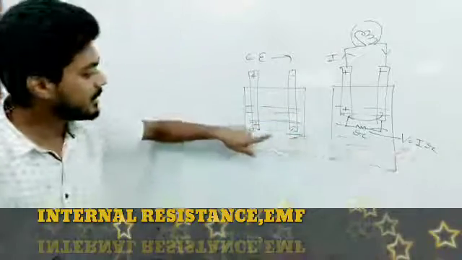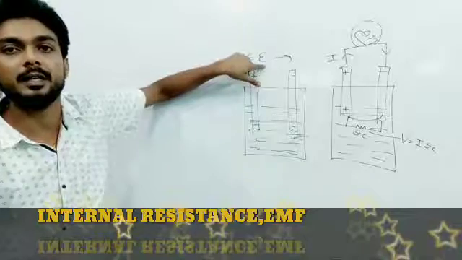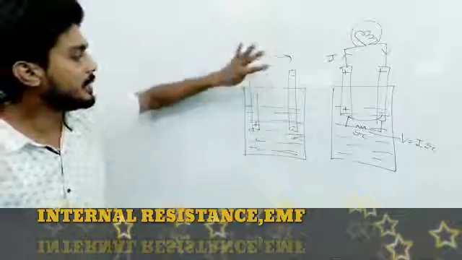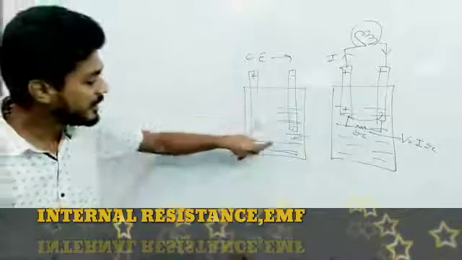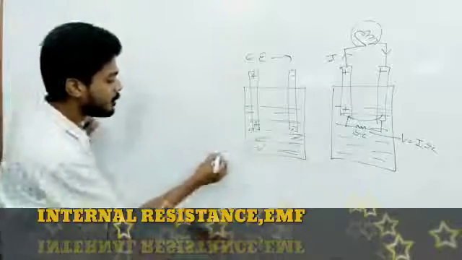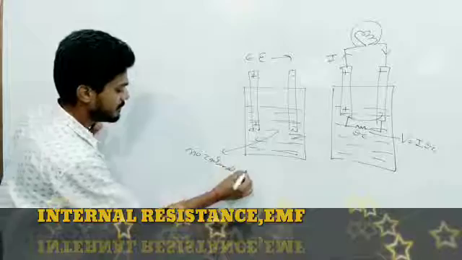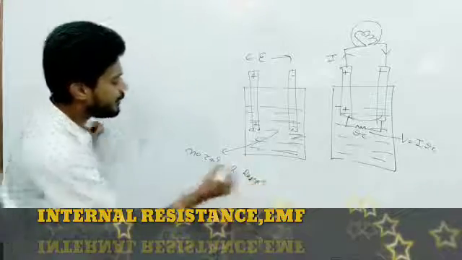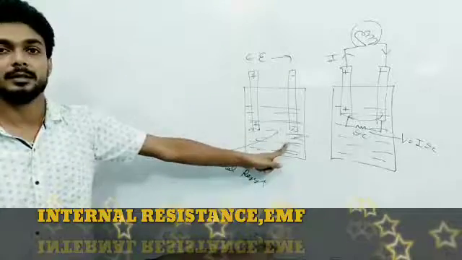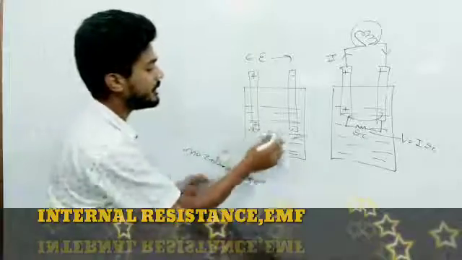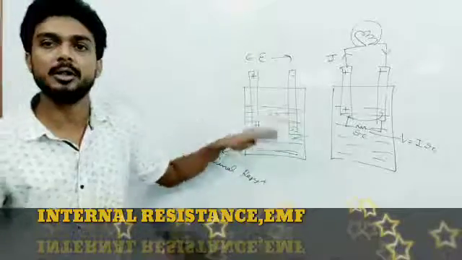And when the cell is in open circuit, or we are not drawing any current, then there will be no internal resistance, and so no internal potential drop.